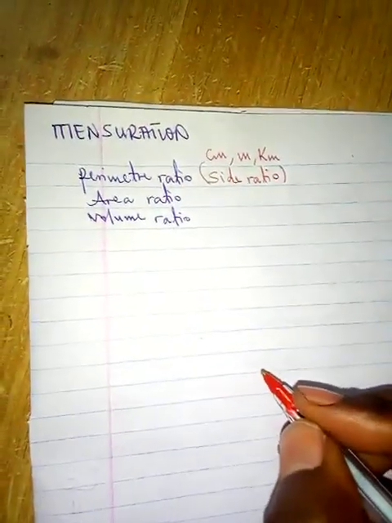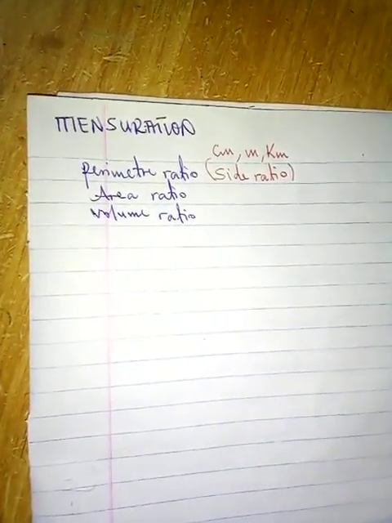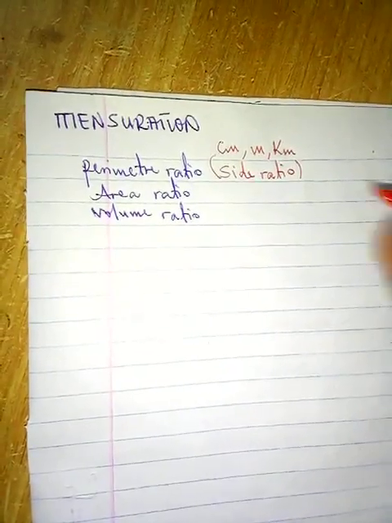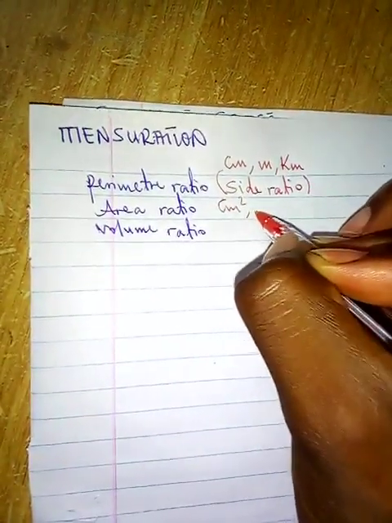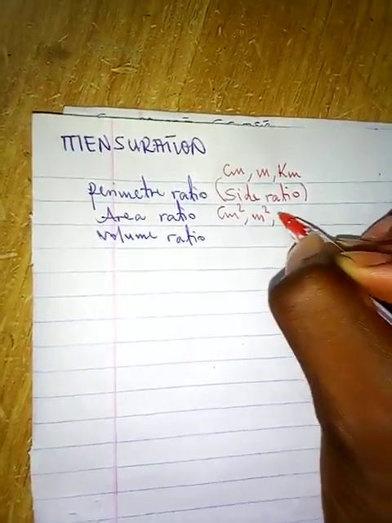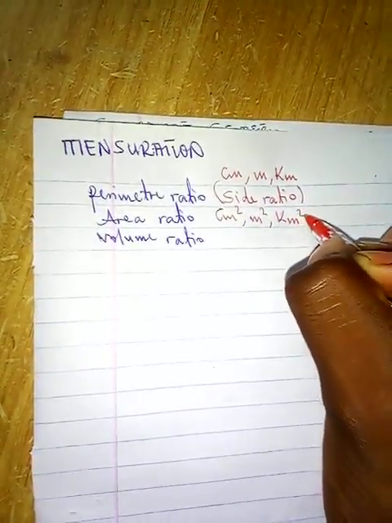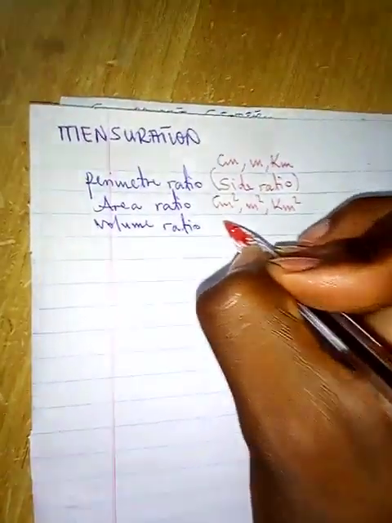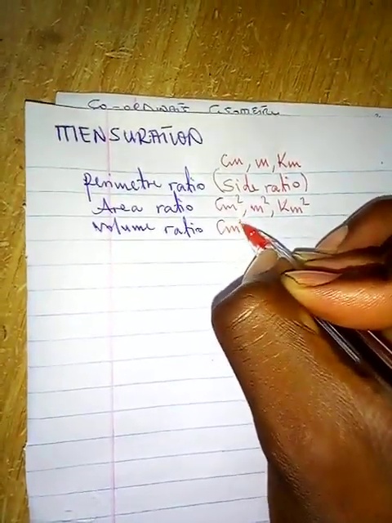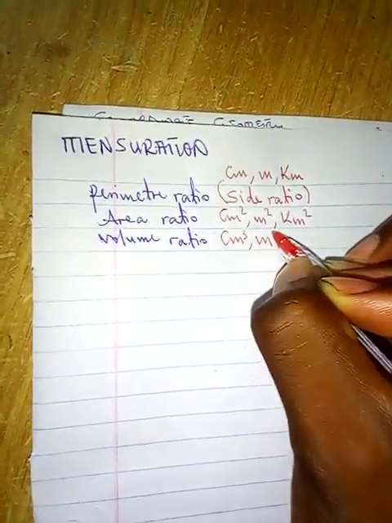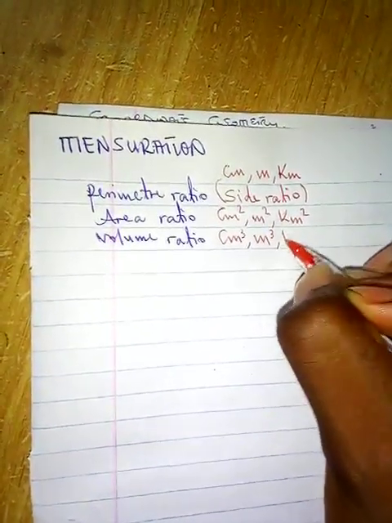If you're calculating the area of a given shape, look at the units: centimeters squared, meters squared, kilometers squared. If it's the volume, it's three-dimensional, so it's going to be centimeters cubed, meters cubed, kilometers cubed.